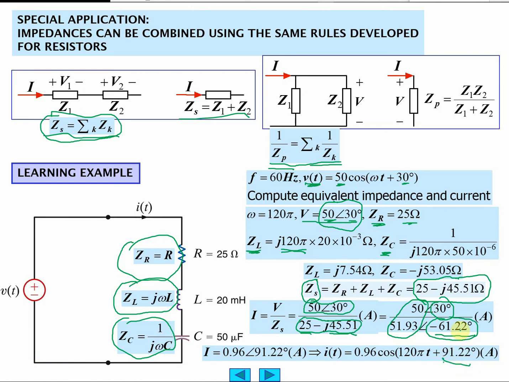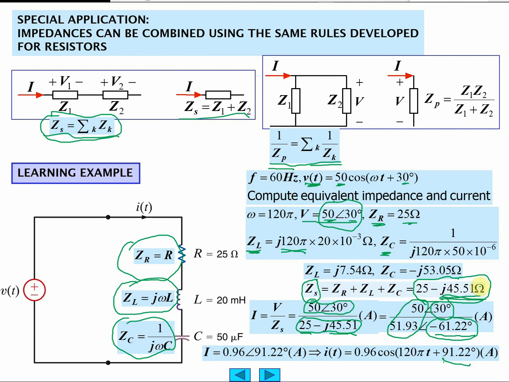Is it mainly capacitive or mainly inductive? That's a question I want to pose to you. Let's see, Z. Pretty much it's capacitor dominated.